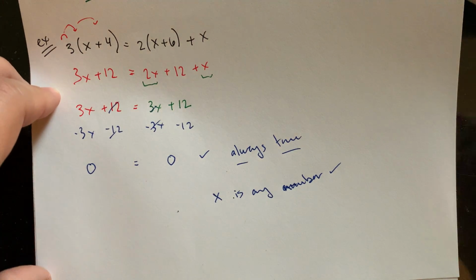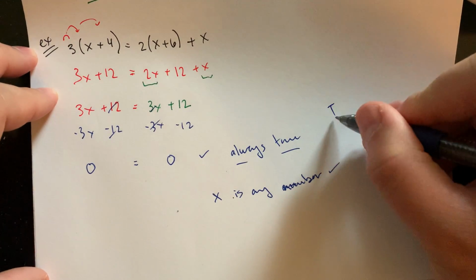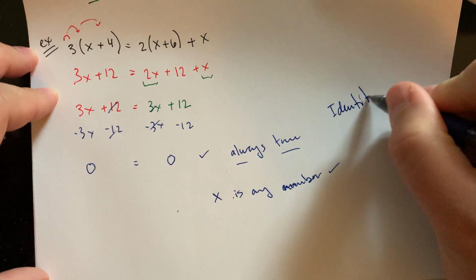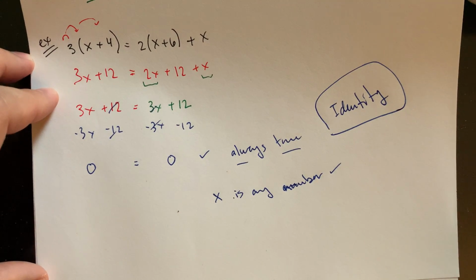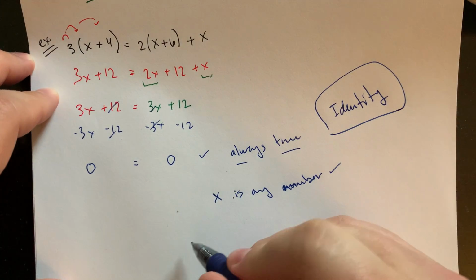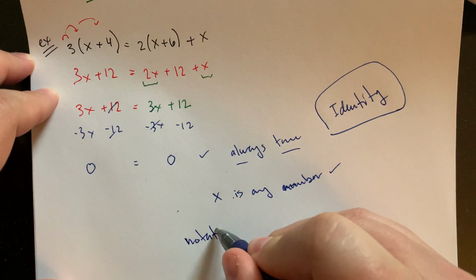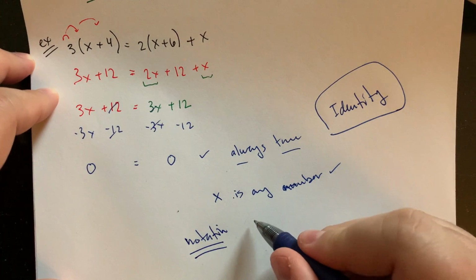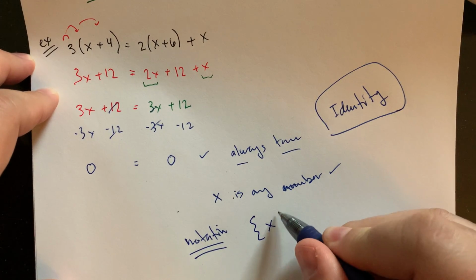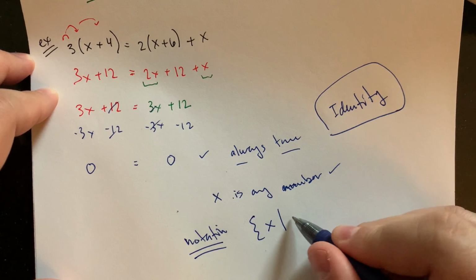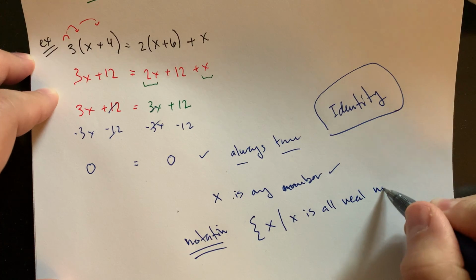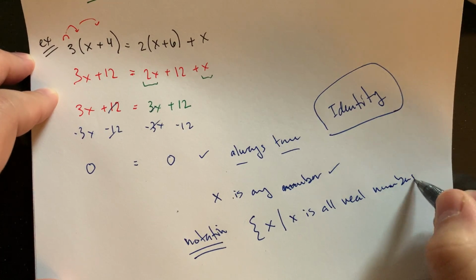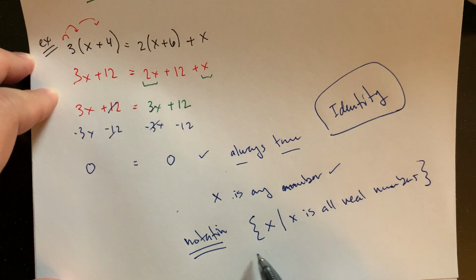So it's always true. This is actually what we would call an identity. Rather than being an equation, it really is an identity. It's just two equal things. So x could be any number, and it would always be true. The notation in the book, they do this set builder notation again, as they say, x, where x is all real numbers.